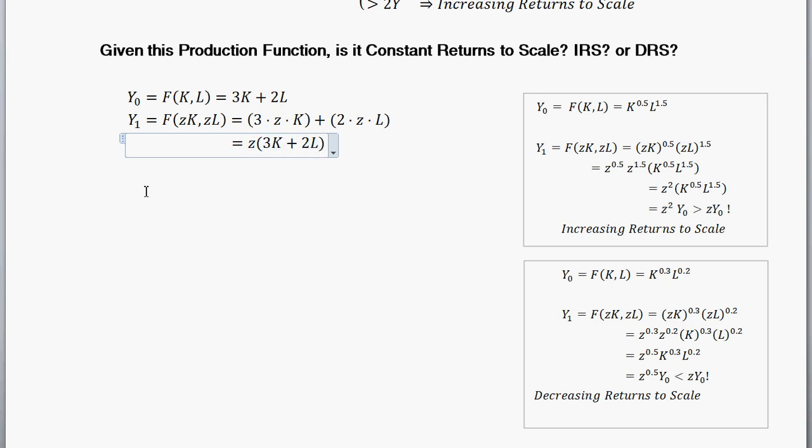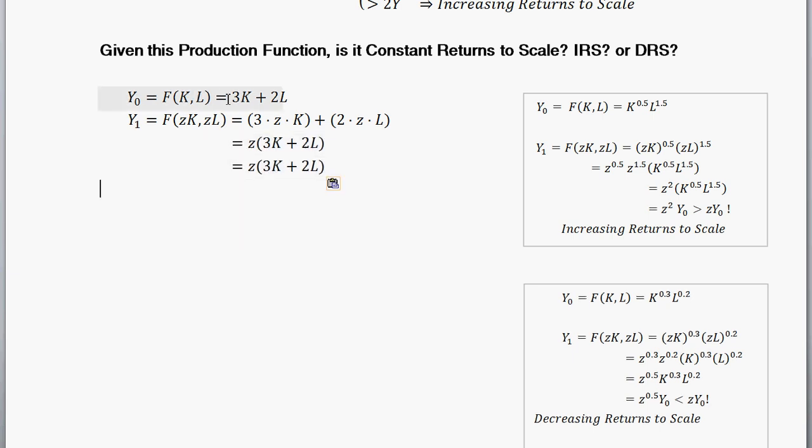And remember what 3K plus 2L is equal to. It's exactly equal to our initial level of output, Y sub naught, and then that is equal to z times Y sub naught. So here we have constant returns to scale.